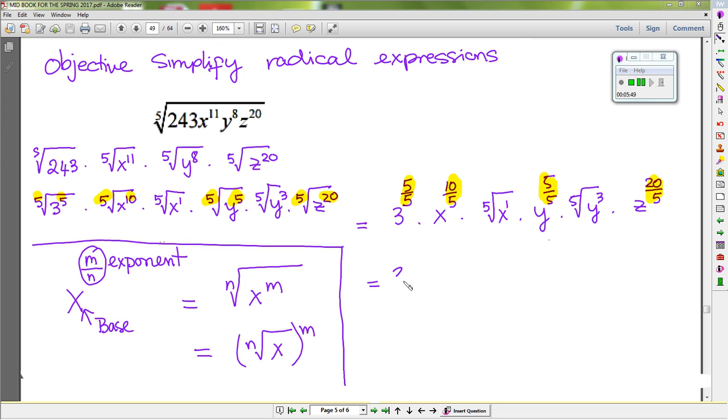So therefore 3 to the power of 1, which is 3, x to the power of 2, and then the 5th root of x to the power of 1, which is the 5th root of x, y to the power of 1.